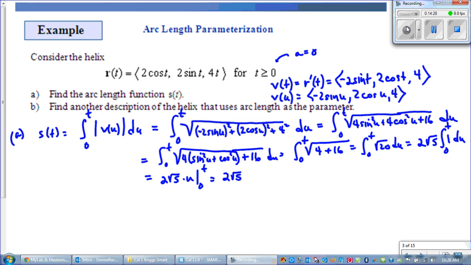And now we have a formula for the arc length in terms of the variable t. The arc length is just 2 times the square root of 5 times t.